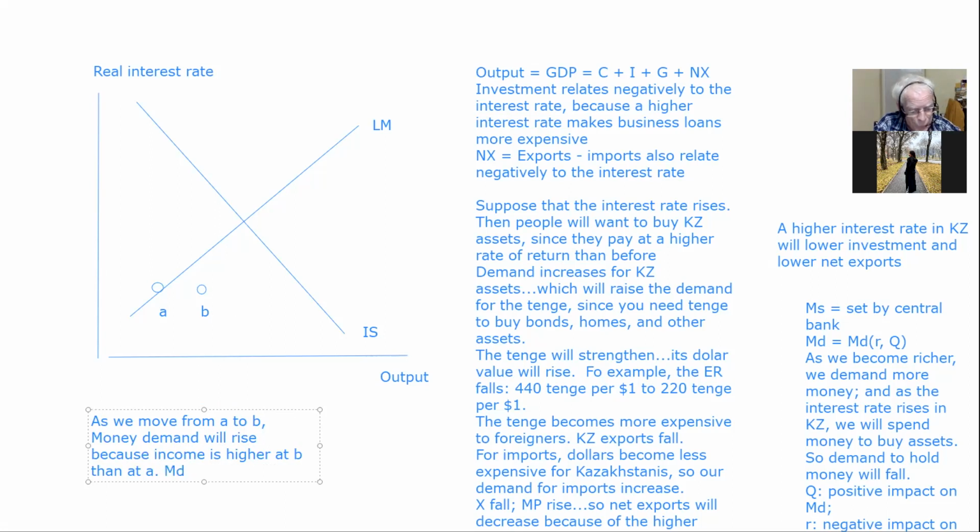But that means that we will be out of equilibrium, with money demand higher than money supply. So to return to equilibrium, we must raise the interest rate, going in a vertical fashion to a point right here.